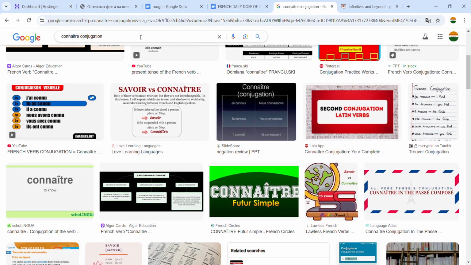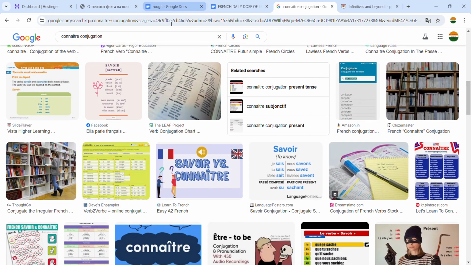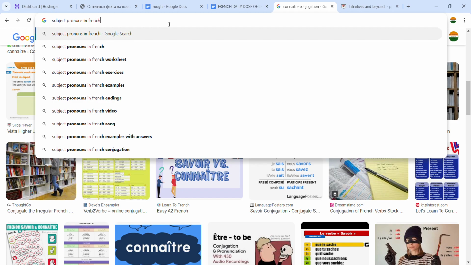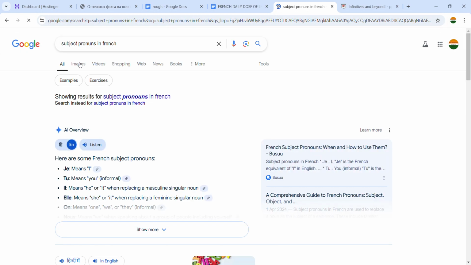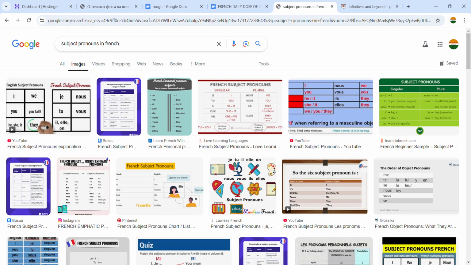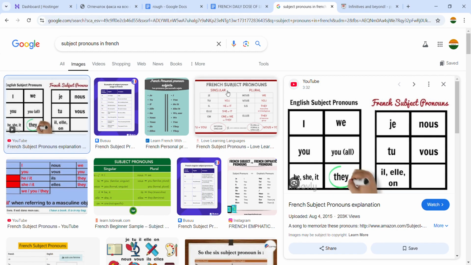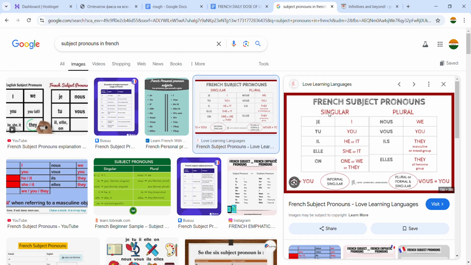Let me show you the subject pronouns of French, so it will become clearer for you, because that is omitted here. Now you can see this chart, this one is very good. You can open the image in a new tab if you want.